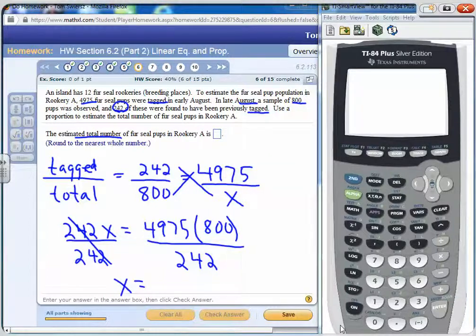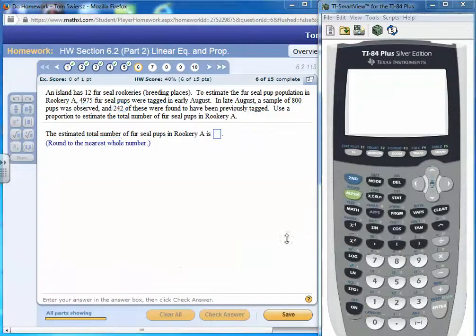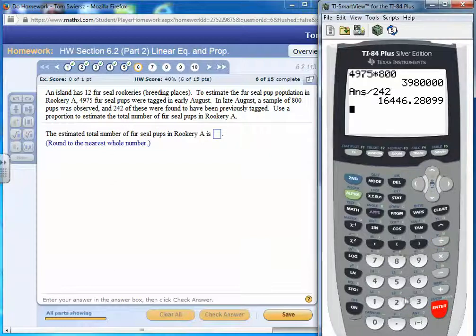All right, do that on our calculator. 4,975 times 800 divided by 242, and we get, to the nearest whole number, 16,446.2.